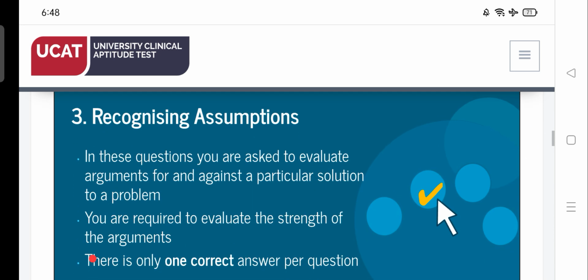Okay, next we have recognizing assumptions, the third type of decision making questions. In these questions, you are asked to evaluate arguments for and against a particular solution to a problem. You are required to evaluate the strength of the arguments.